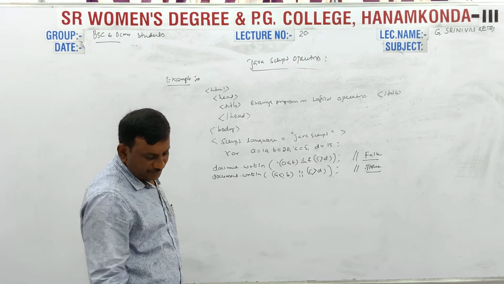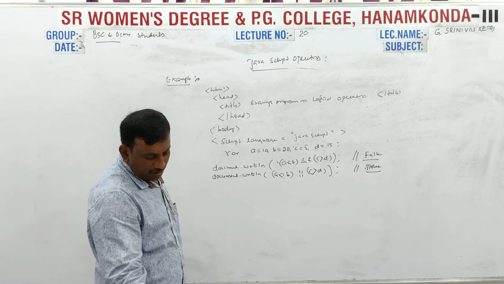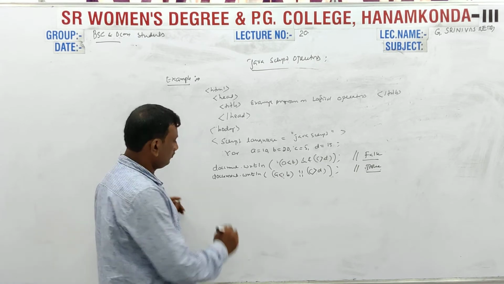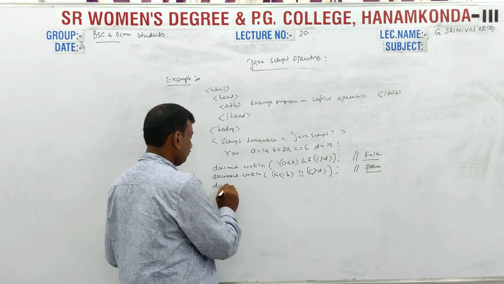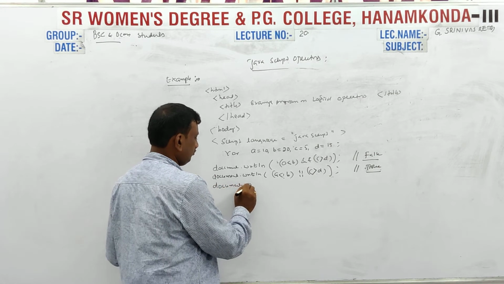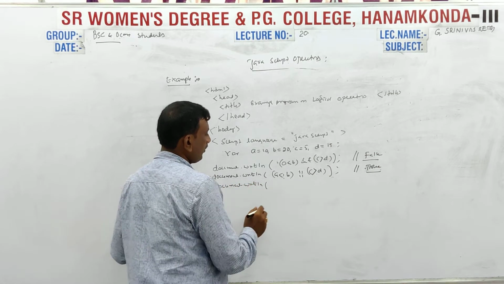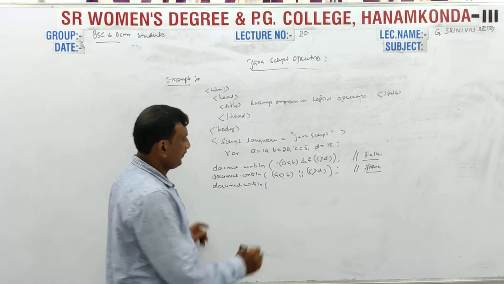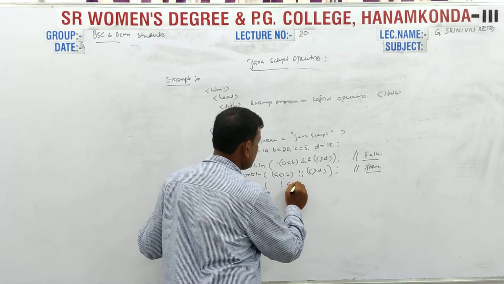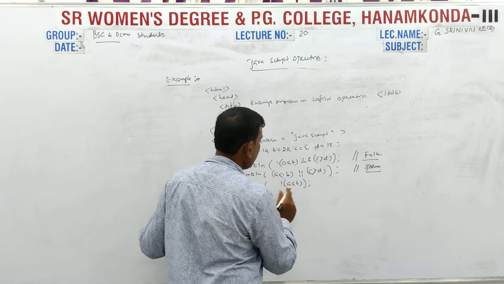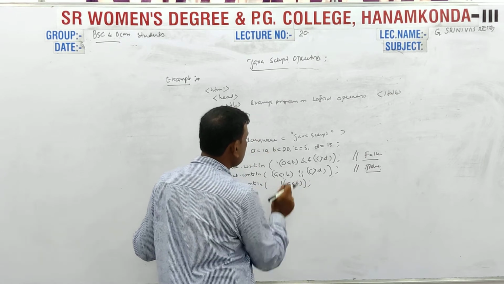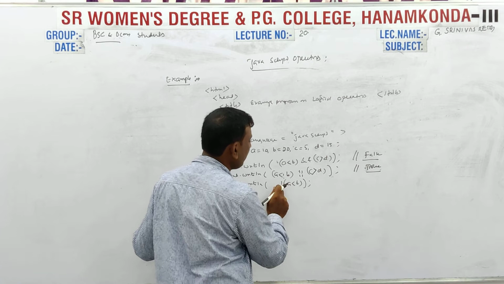Next you can mention one more, the negation, not a less than b. Here a less than b means 10 less than 20. As the condition is true, then the negation is false.